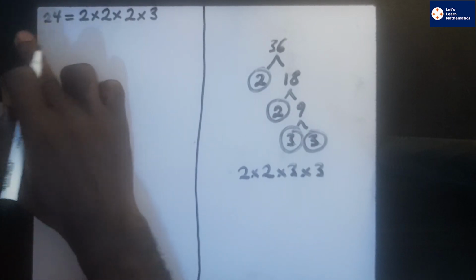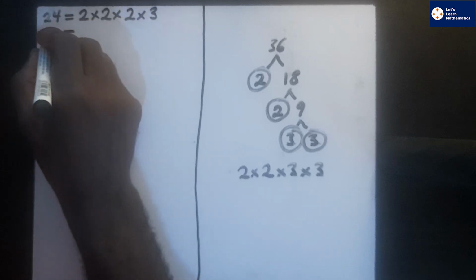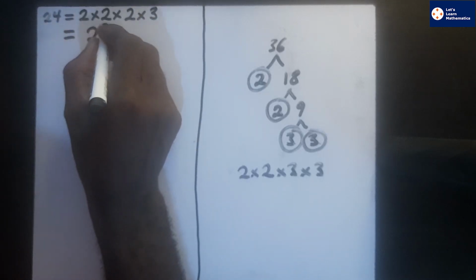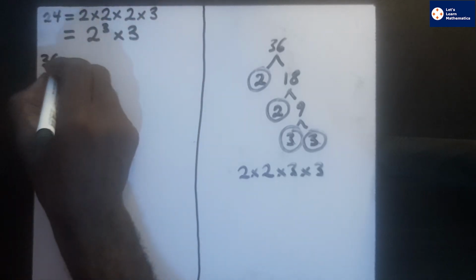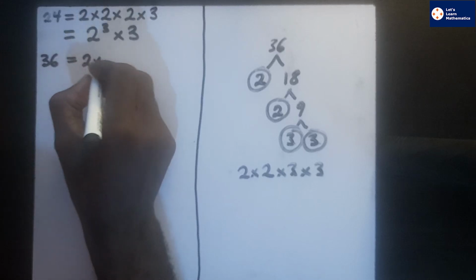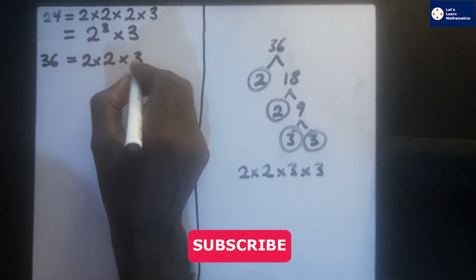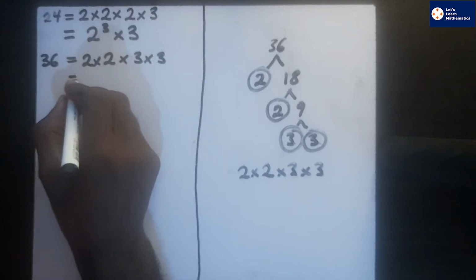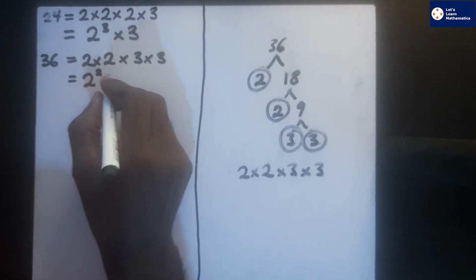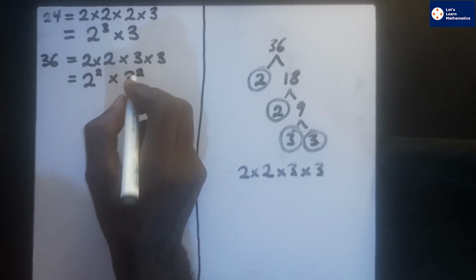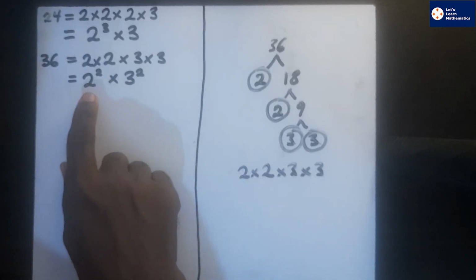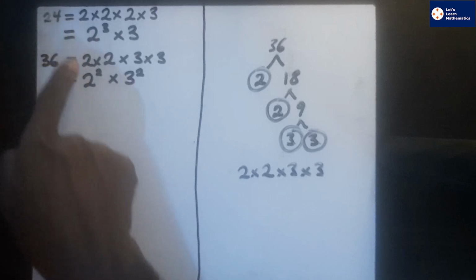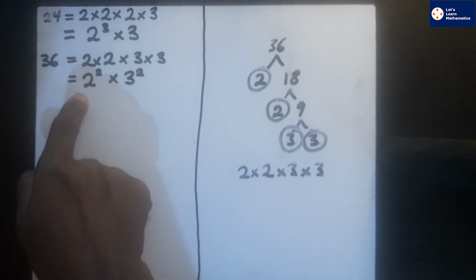But first of all, let's write 24 in terms of indices. So this is 2 to the power 3 times 3. Then 36, we got it as 2 times 2 times 3 times 3, which can be written as 2 squared times 3 squared. Once we have this, to find our greatest common factor we compare the powers of the individual prime numbers.